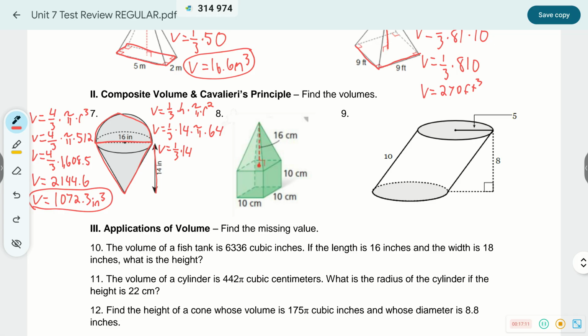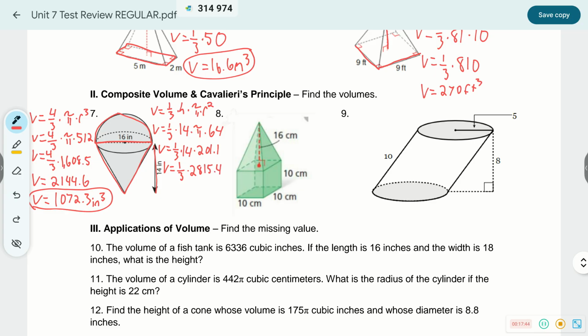201.1. Okay. And then we just multiply that by 14. 201.1 times 14 is 2,815.4.